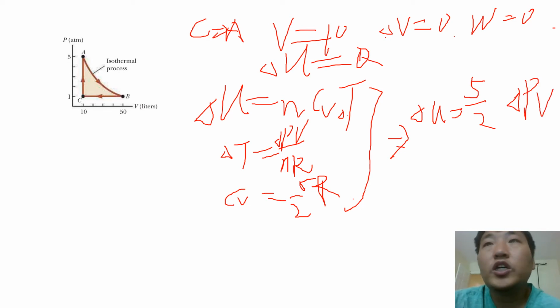And the volume doesn't change. The volume is 10 liter, and for delta P, in the entire process, we can notice that the change of the energy is related to the delta P only. So that is 4 atm change. 4 times 2.5 is 10, and the V is 10 liter.